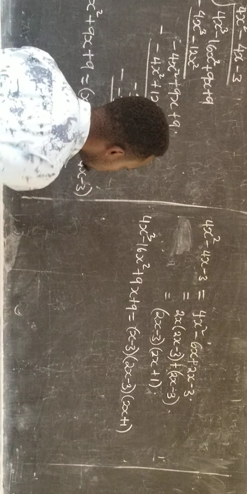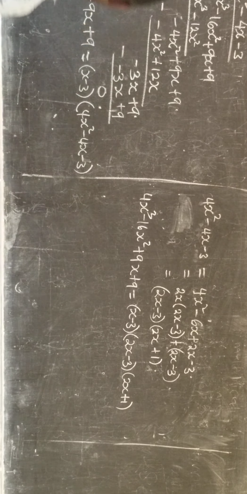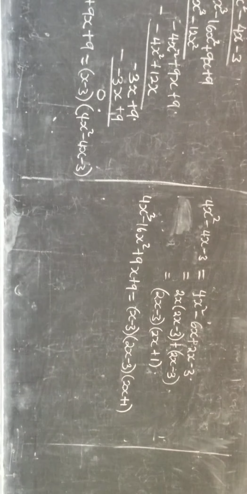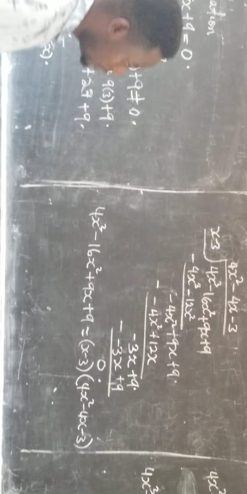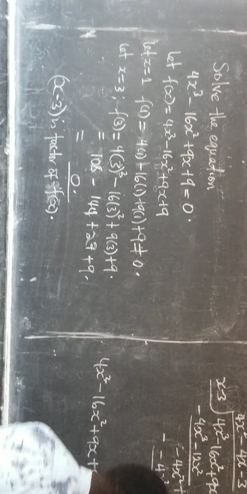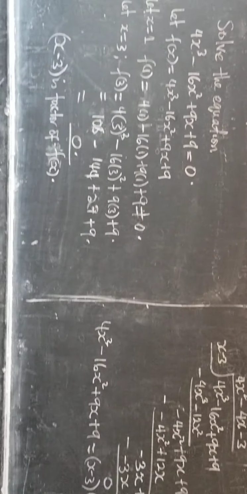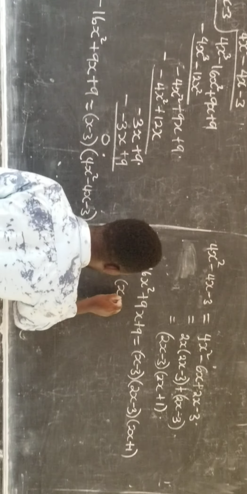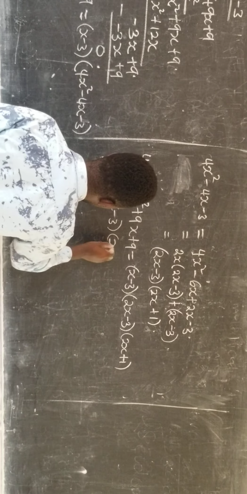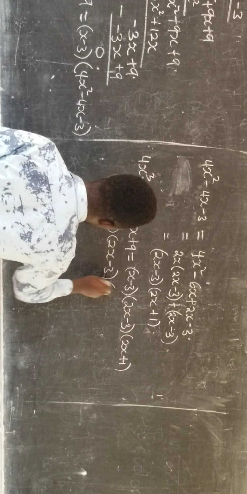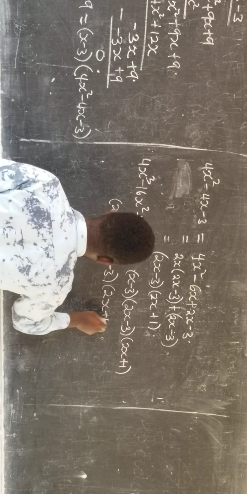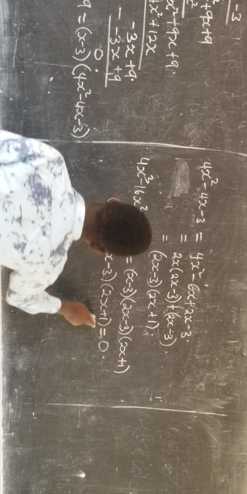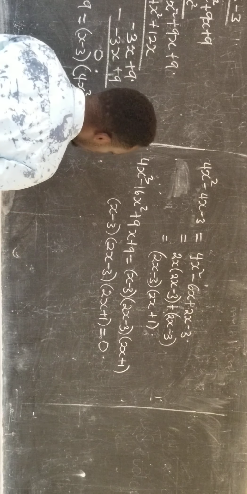So I have completely factorized, but the question wants me to solve when this whole expression is equal to 0. So I'm going to equate this to 0. So I have x minus 3 into 2x minus 3 into 2x plus 1 is equal to 0.